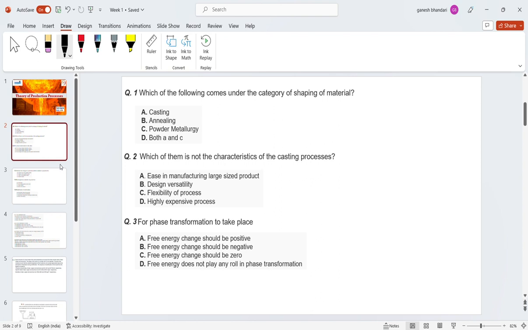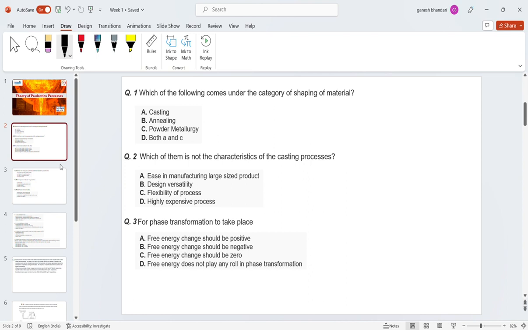Like when we talk about casting processes, there are different types which Professor Zha will be teaching you in the subsequent lectures. There are different casting processes, from injection molding to even hot wax processes and many others. So we can produce anything from very precise products to very large-sized products as per our need.